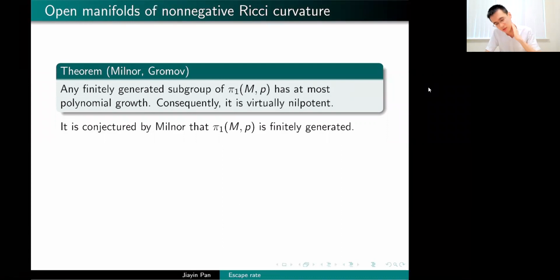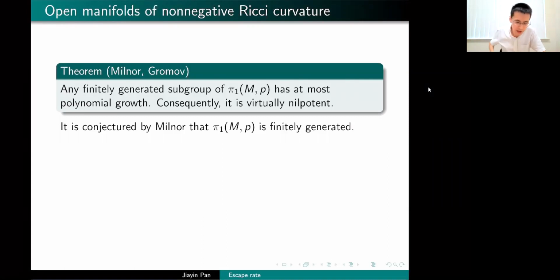Another structure result about the fundamental group of open manifolds with non-negative Ricci curvature is by Milnor and Gromov. We have seen that virtual abelianness is not true in general, but it is true that they are always virtually nilpotent.